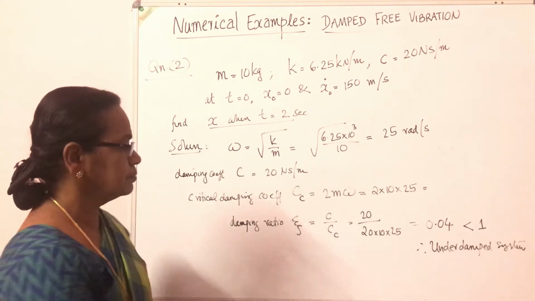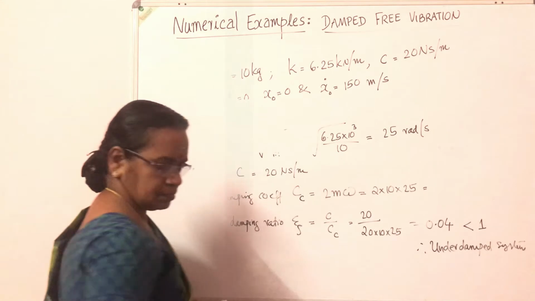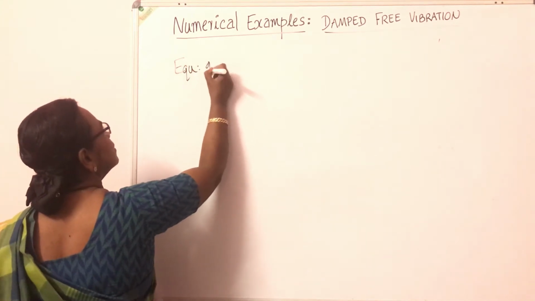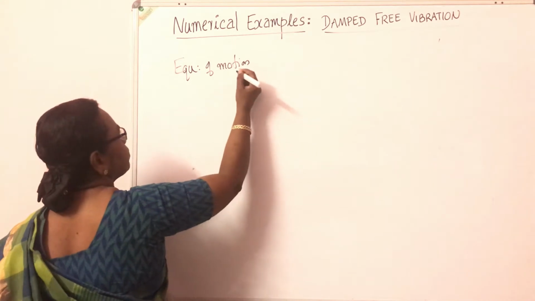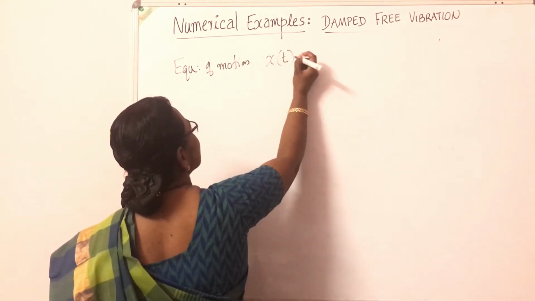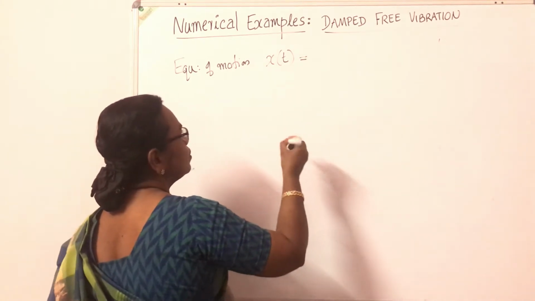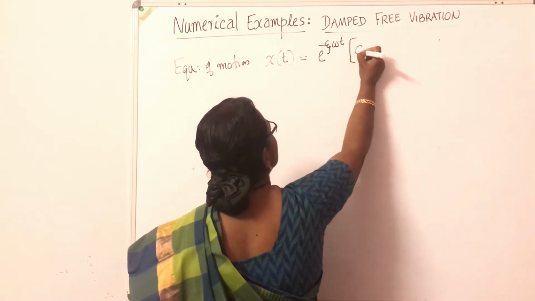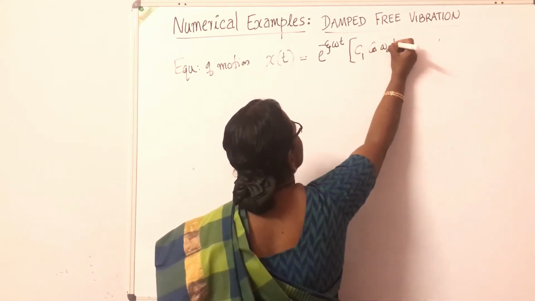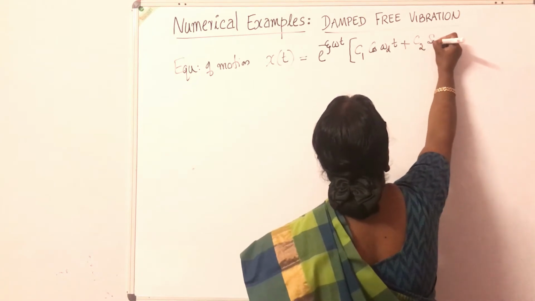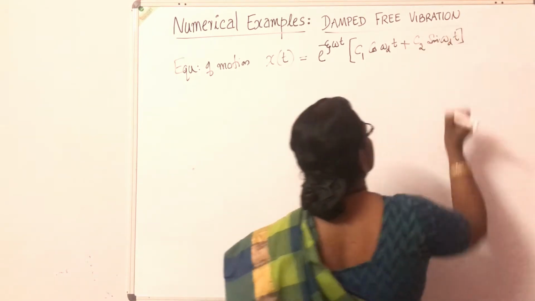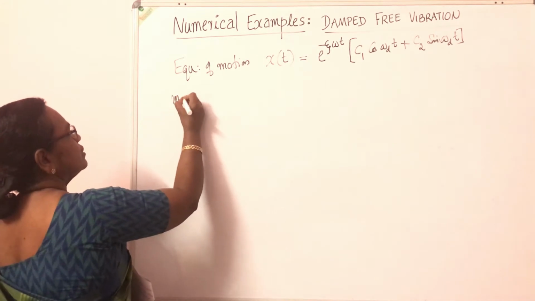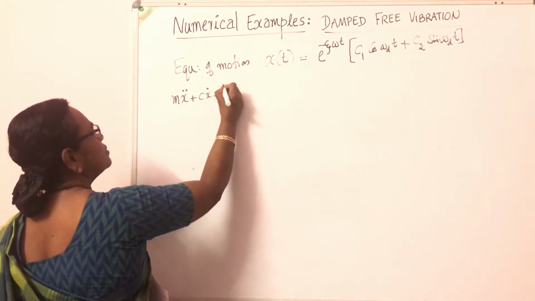The damping ratio is less than 1. It's an underdamped system. The equation of motion: the displacement response x(t) for an underdamped system is e raised to minus psi omega t into (c1 cos omega d t plus c2 sin omega d t). For a damped system, the equation of motion is m x double dot plus c x dash plus k x is equal to 0.